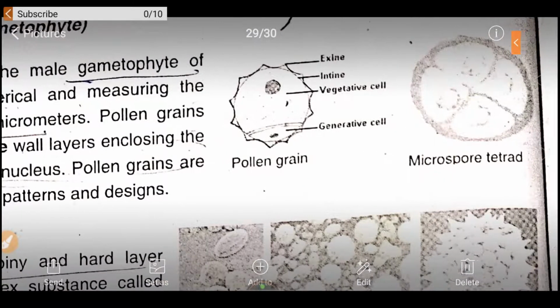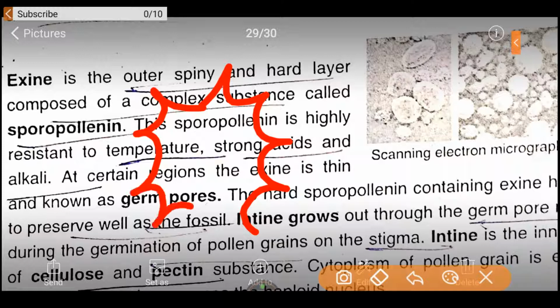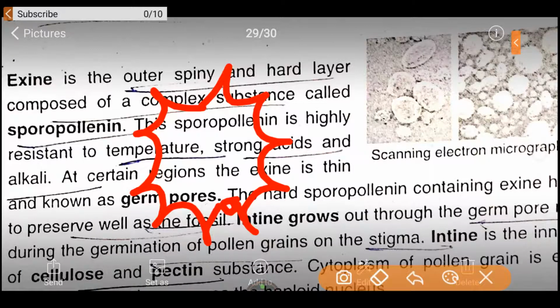The germ pore is not indicated in this diagram, so I will show you. It is like this. This is the exine, the outer spiny and hard layer, but at this point the sporopollenin is missing.